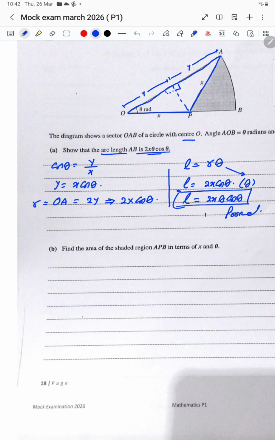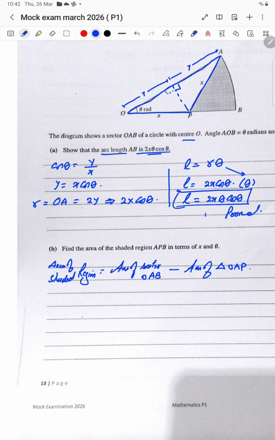Now area of the shaded region. Area of the shaded region will be area of sector OAB minus area of triangle OAP.